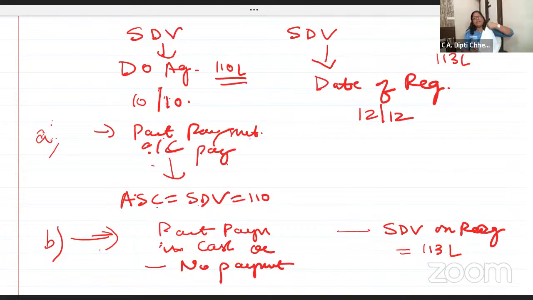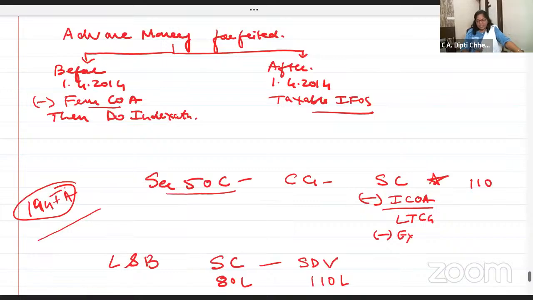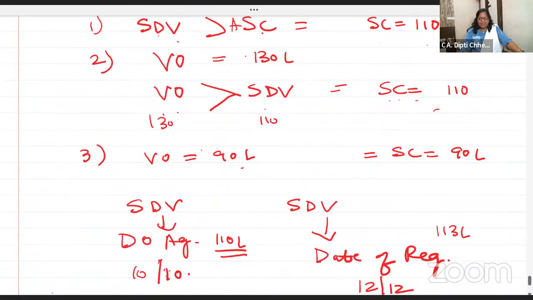Ma'am, on the date of agreement, cash payment came or no payment came. They said all the sale consideration we will pay you on the date of registration. Then take the stamp duty value of registration for your sale consideration, also for your TDS also. Okay, right? So these are very beautiful concepts.